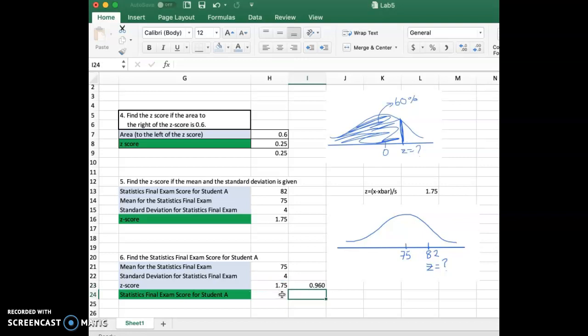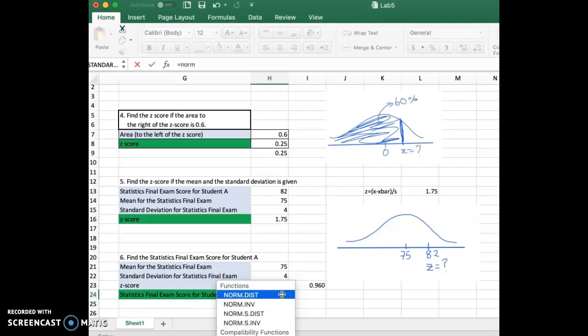After we find this value, we will use the built-in Excel function for when the normal distribution has a mean that is different from 0 and a different standard deviation: equal NORM.INV, not NORM.S.INV, NORM.INV, which is used when you have different mean.